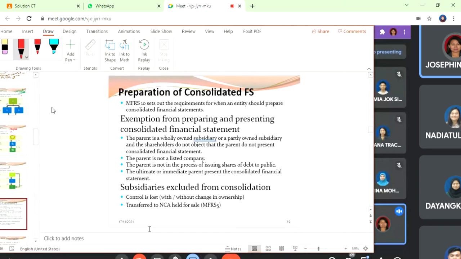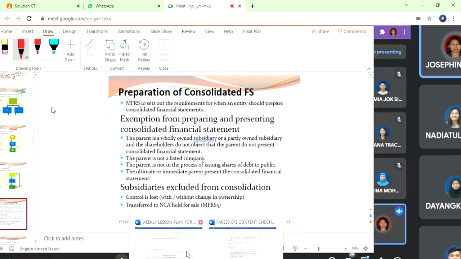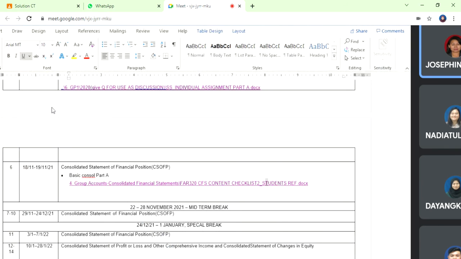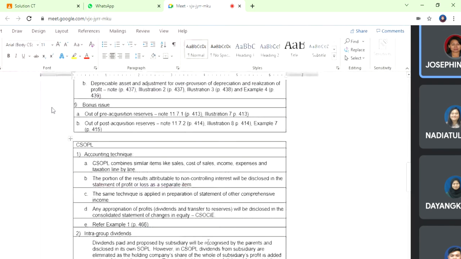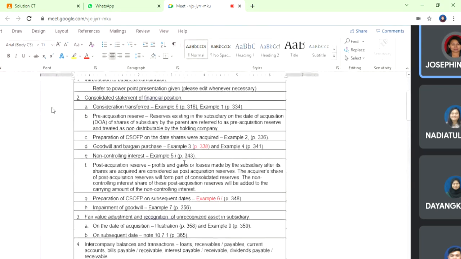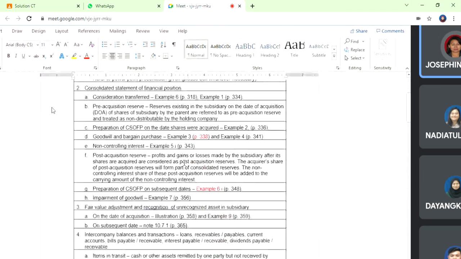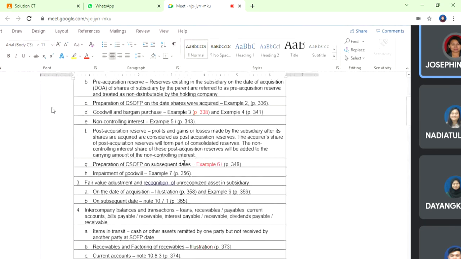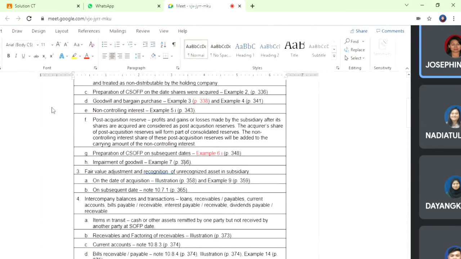Get to know a little bit more about consolidation, and then you can start reading the textbook. Please go to your checklist here. You can start reading one. Prepare yourself for the week after you come back.